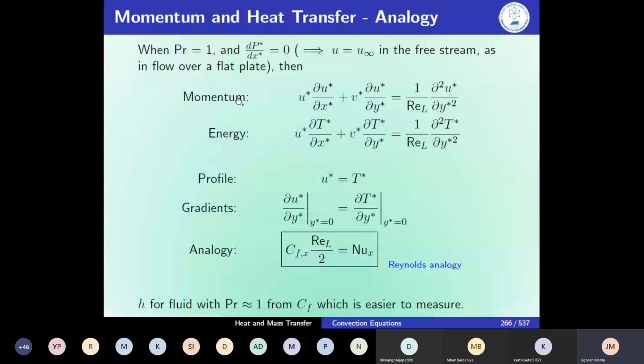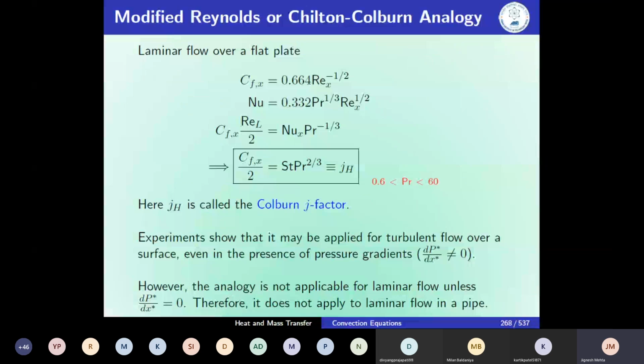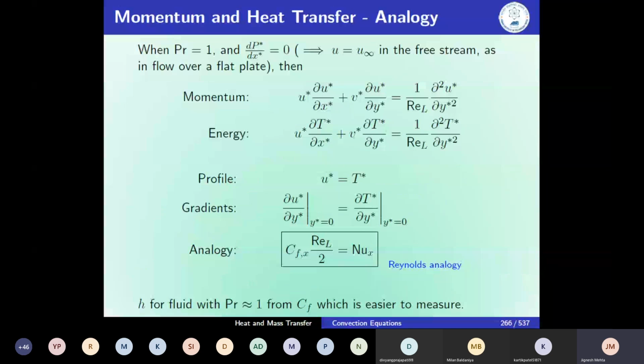We can talk about analogy. Let's take one analogy, and we'll take the second analogy in the next. So, momentum and heat transfer analogy. As you can see, these two equations, the momentum equation and the energy equation, they look quite similar to each other.